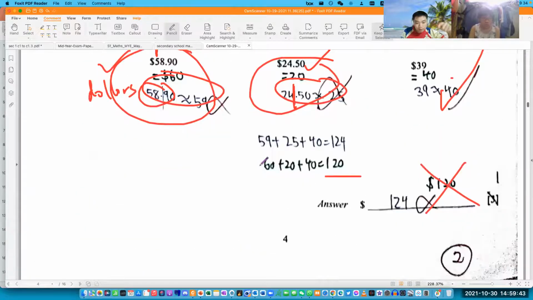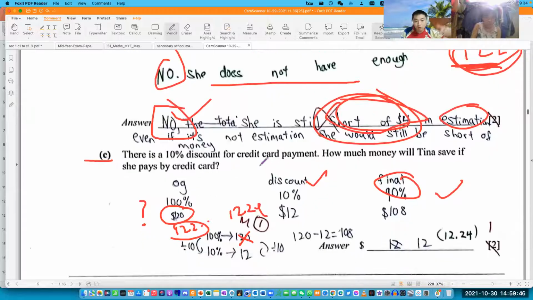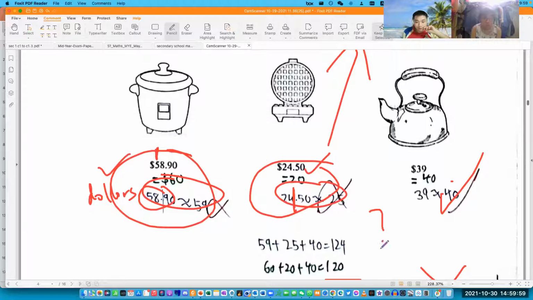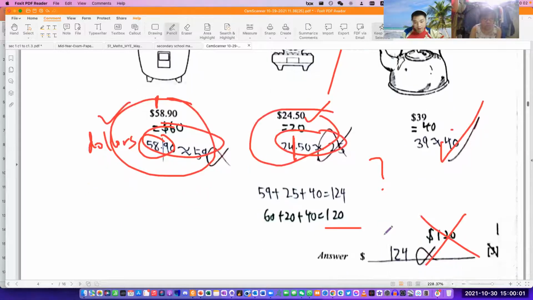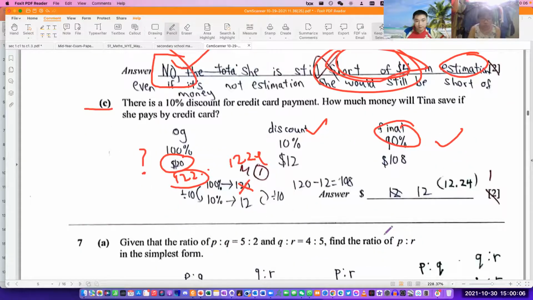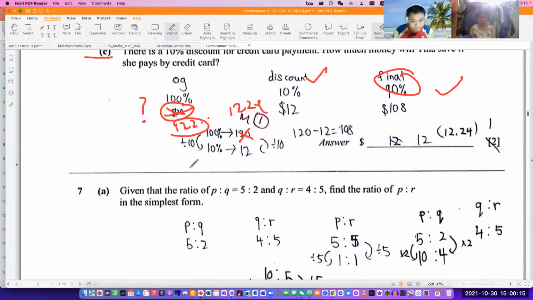So that's why your B is also wrong, your C is also wrong. So you need to make sure that your part A is correct. If not, this mistake will carry forward. You understand or not? Just because you make a mistake here, part B is also affected, part C also affected. Because this is not 120, this is 122 point something. Can or not?